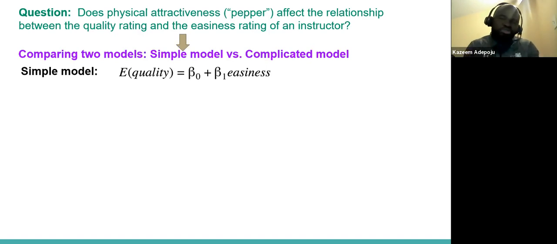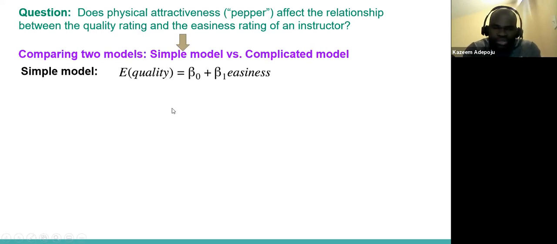But what we want to do right now is compare a simple model with a complicated model. The simple model is a simple linear regression where we have quality and easiness, with one predictor right here. This is a simple model.